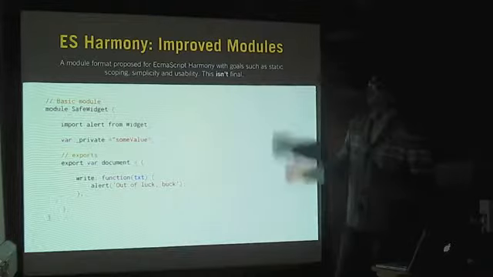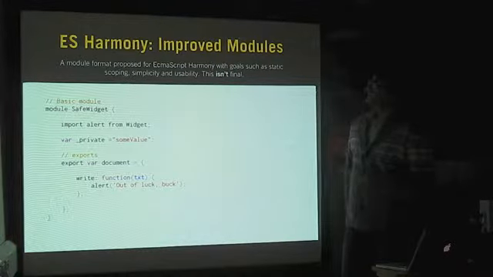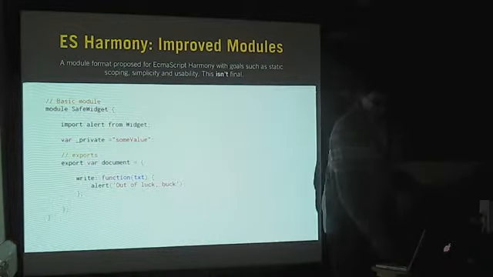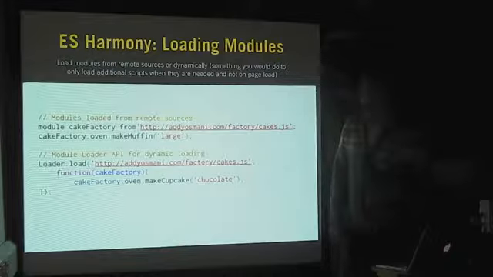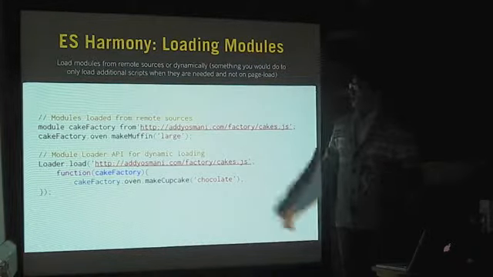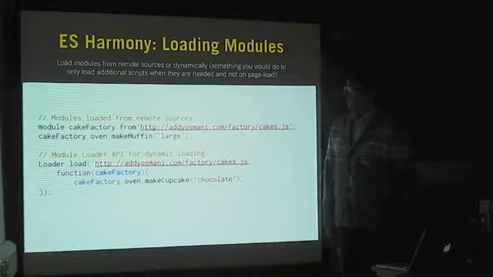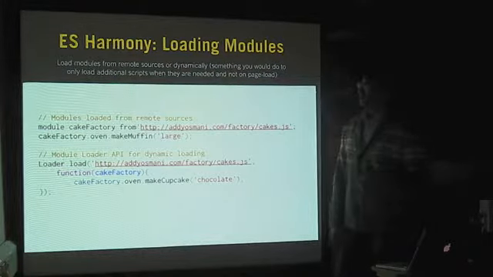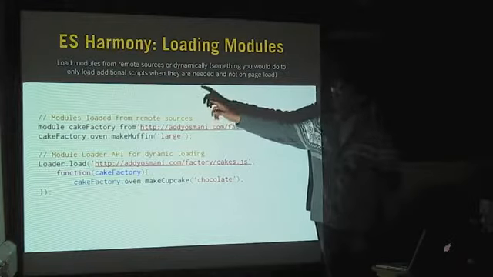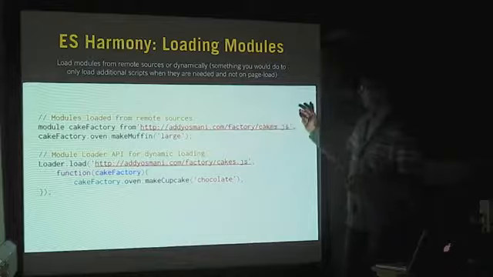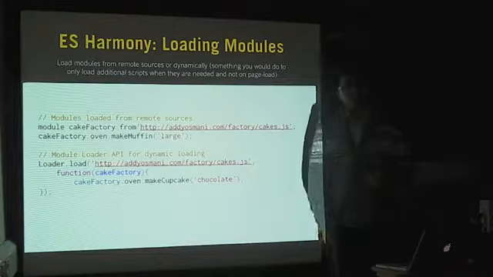So the module format proposed for Harmony has goals like static scoping, simplicity, and usability. I think this is better than what we have right now. And it gets better. You can do things like load up modules from within your code. I can load up modules from external sources. So if I wanted to load up a module called cakes.js, all I have to do is say module cake factory is what I'm going to alias it to from whatever, and then I can start using that.